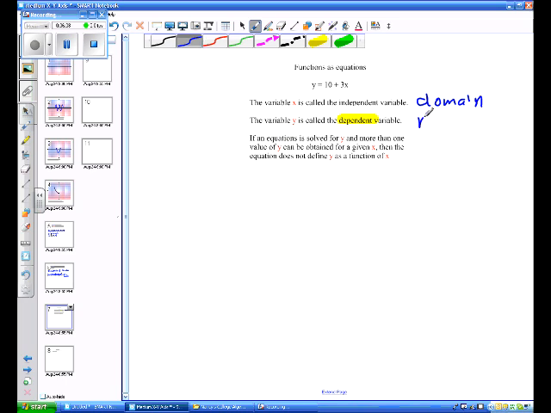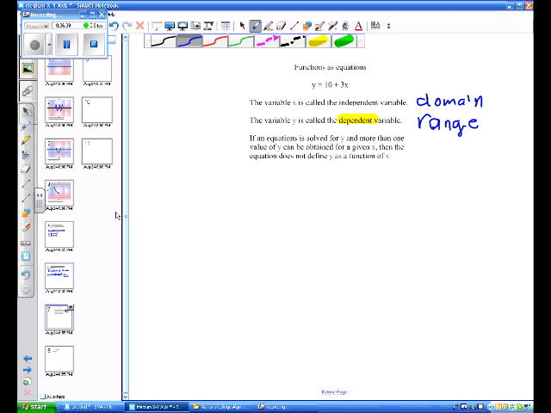When we're talking about the range, we're talking about the set of second coordinates, which in an equation would be our y's, the dependent variables. You can see in this equation, y depends upon what x is. If x is 1, y will be 13. If x is 2, y will be 16. So we pick the x, and then the y depends upon what x we pick.